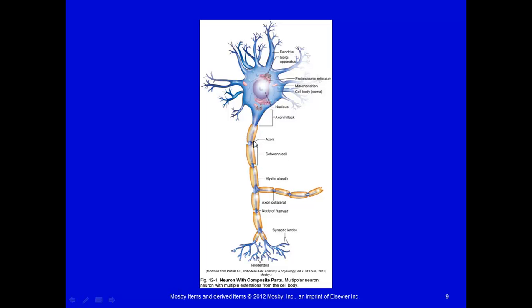So the first area of the axon is this conical shape right here called the axon hillock. The axon hillock is really interesting. Not only in terms of its shape, but this is the initial segment of the axon that is very sensitive to stimulation, to an action potential. So here is where an action potential actually starts, right?